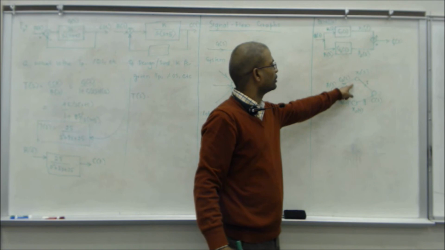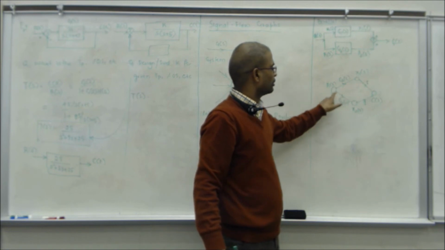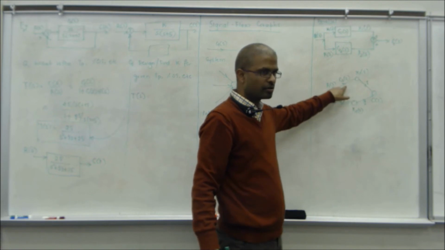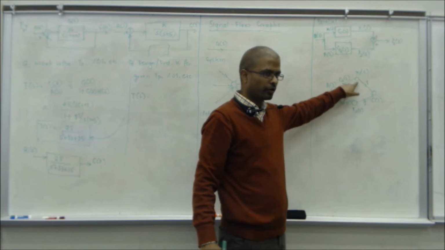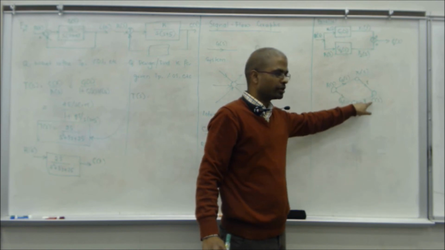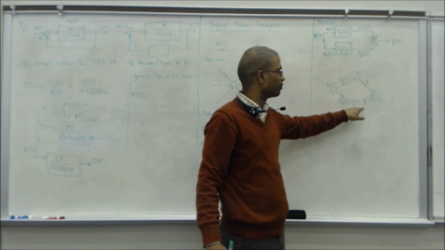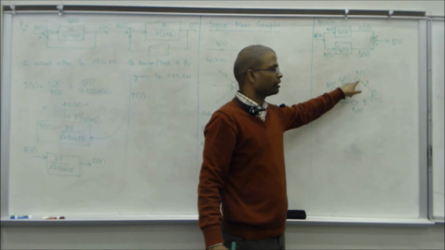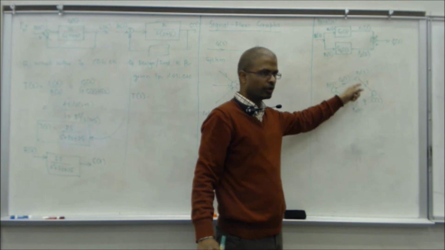It goes through system G1 of S. The signal changes to X1 of S. Now X1 of S and C of S. C of S is essentially X1 of S plus X2 of S, right? This signal just cannot go through. You cannot just add it there.